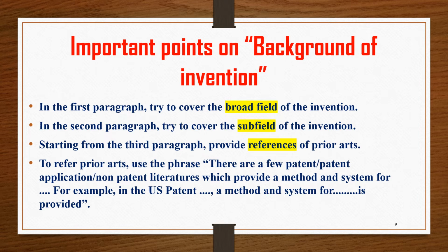To refer prior arts, use the phrase, there are a few patent or patent application or non-patent literatures which provide a method and system for ... For example, we can say, in the US patent number this, a method and system for ... is provided. The details can be filled. So just try to remember these very important points at the background of invention.